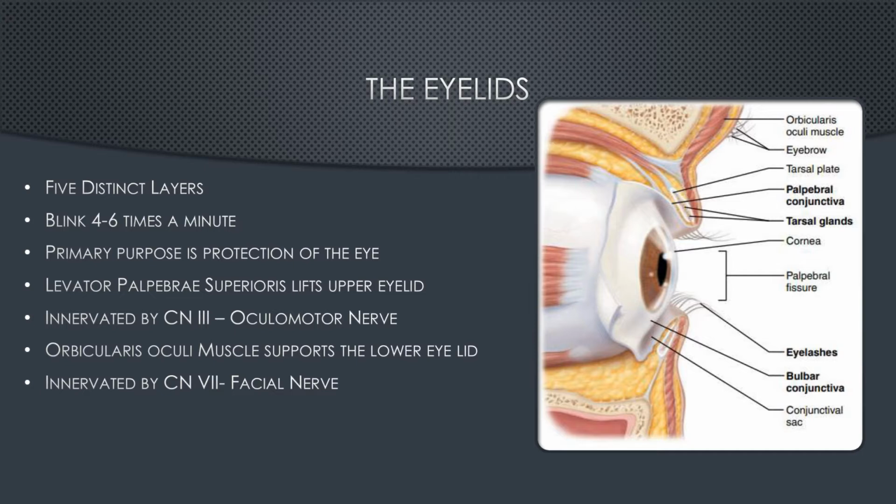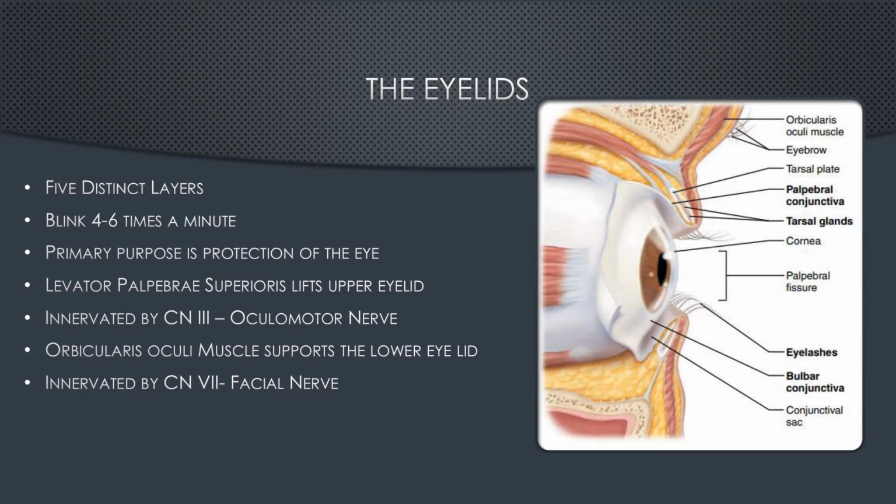There are 5 distinct layers of the eyelids: the skin, the orbicularis oculi muscle, which encircles the entire orbit, the orbital septum, which is a fibrous layer extending across the anterior opening of the orbit, a layer of fat that acts as insulation, and the tarsal plate, which is a tough cartilaginous layer and provides support to the eyelid. The lid retractors and conjunctiva complete the sections of the eyelids.